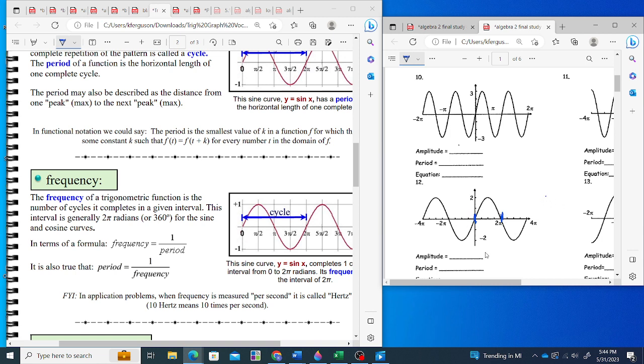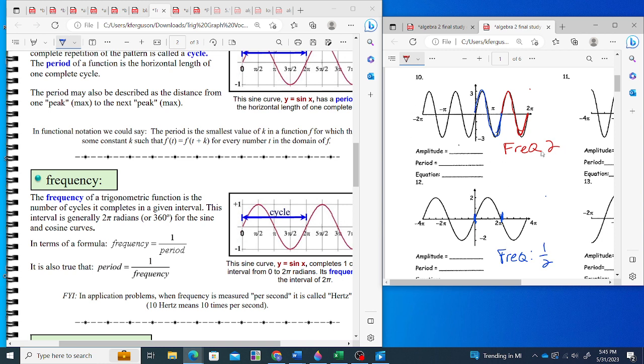So my frequency for this one will be 1/2. It's half. Now for this one, I've got one sine graph cycle that goes from 0 to pi. I've got 2 cycles that go from 0 to 2 pi. So in this case, my frequency will be 2.